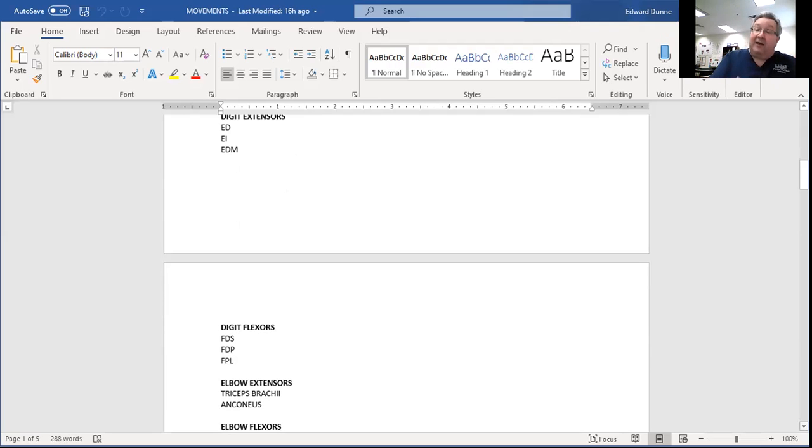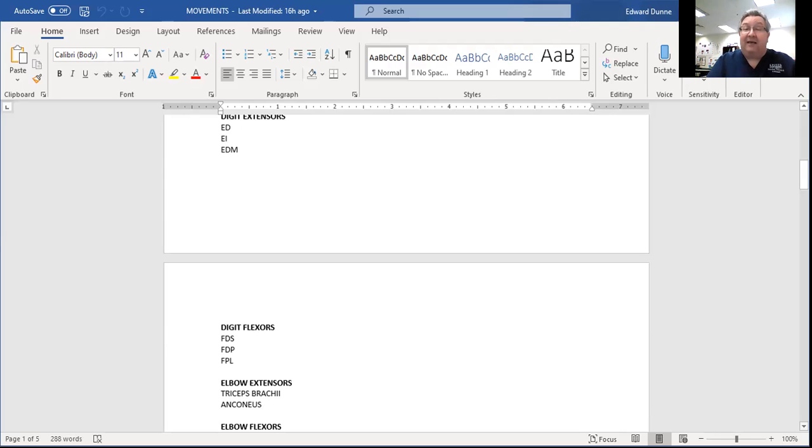Now remember, I said when we spoke about the muscles that anything that has a carpi in it, like flexor carpi radialis, never goes to the fingers. They have no action at the fingers. So you'll notice on these two lists of the extensors and the flexors, there's no carpi. You'll see a lot of names with digits in them. The names with digits move the fingers. There are three of them on each.